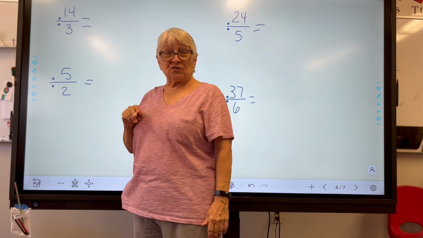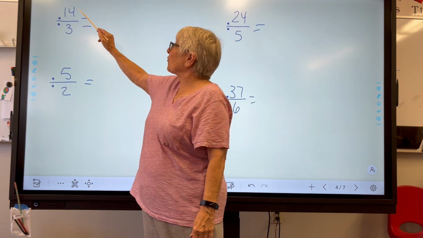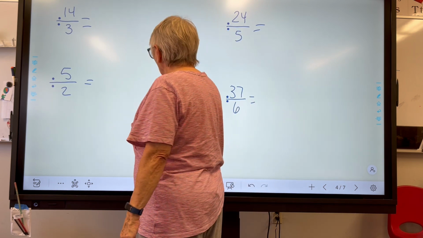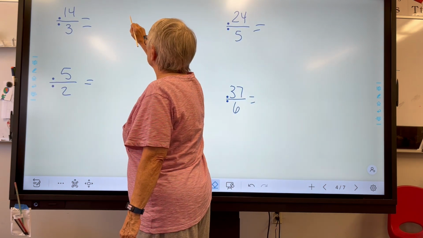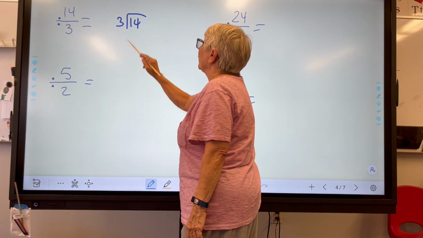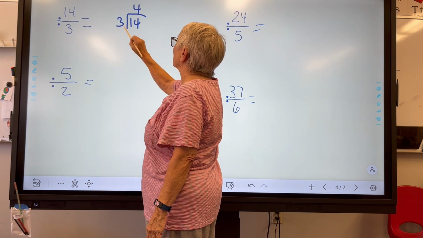Remember that that's a division sign. I've made the big dots there to remind you that this is 14 divided by 3. So I'm going to put the 14 up here. I'm going to divide by 3. 3 goes into 14, well, 4 times, because 4 times 3 is 12.